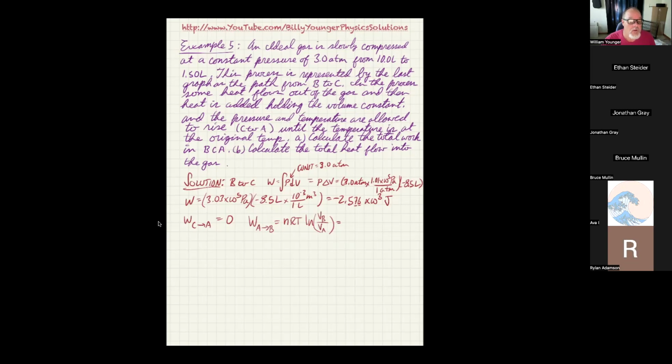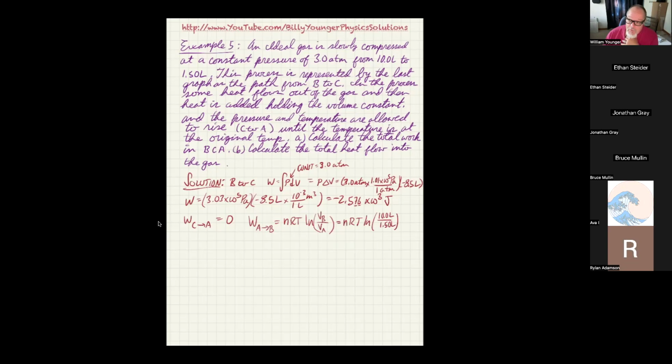So what we'll say is this is going to be n times R times whatever the T was, times the natural log of VB, which of course is the larger volume, 10.0 liters over 1.50 liters. So that's the work done in that part, but we can't necessarily figure that out because we don't have n or R or T.